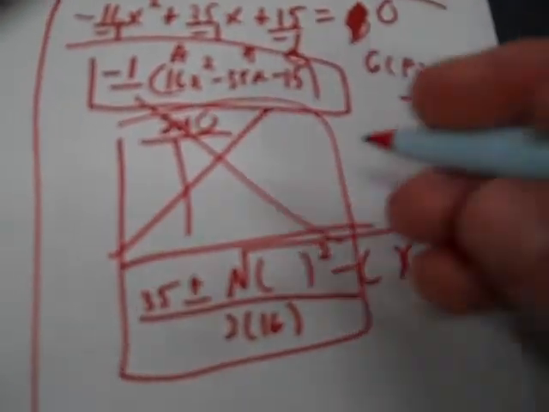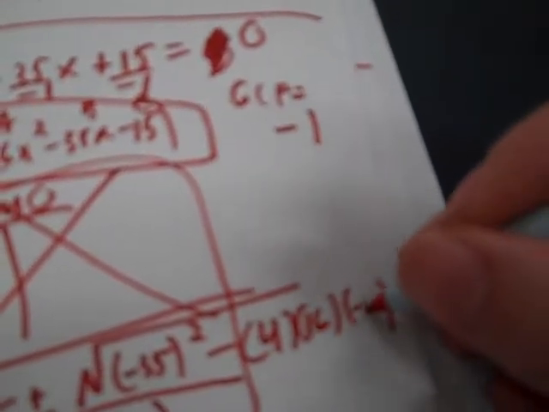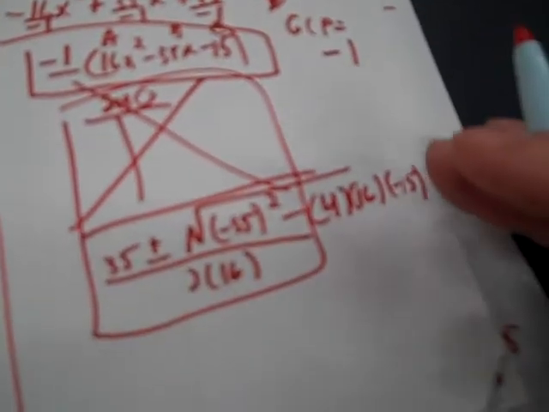So I know my b is negative 35, a is 16, and c is negative 15. The denominator is 32, and we'll have to figure out the square root over here.